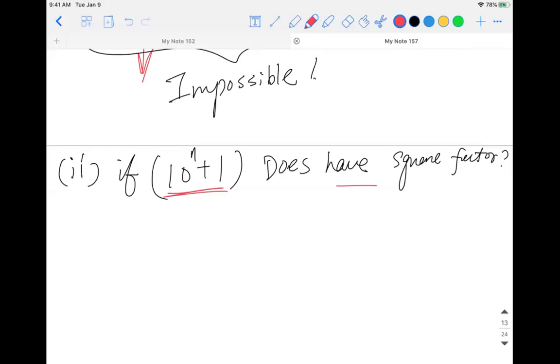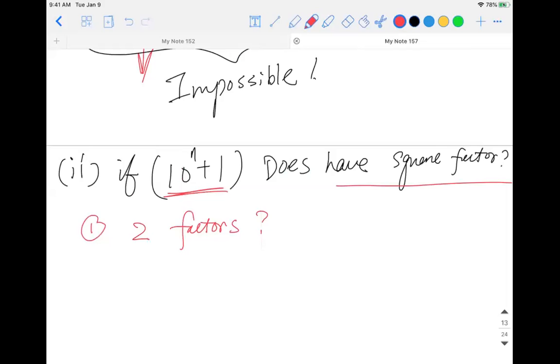These guys have square factors. Is it possible it has 2 square factors? Let's say from here. Is it possible you're going to have 2 factors? Not to say square. Let's have a look at it.